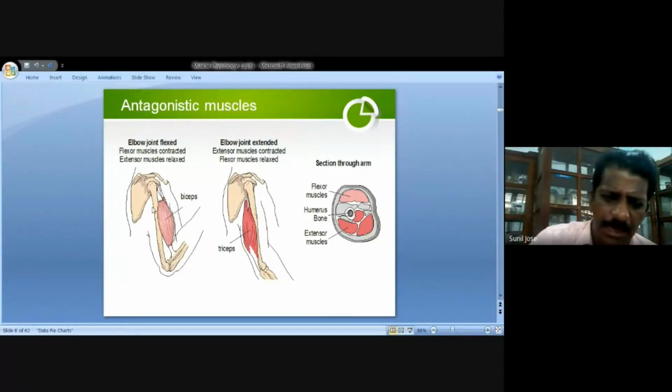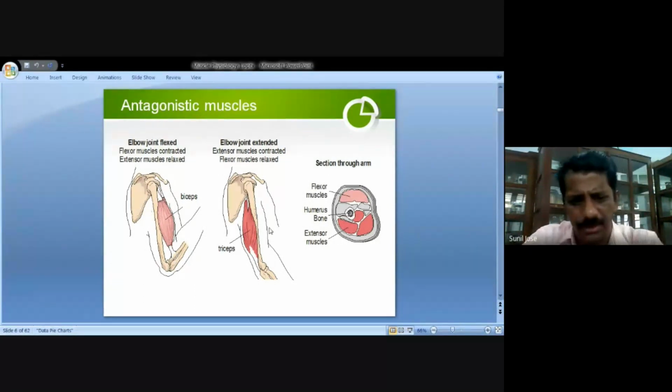Now there is another muscle on the underside, known as the tricep muscle. During the contraction of the tricep muscle, the flexed arm becomes straightened or relaxed.